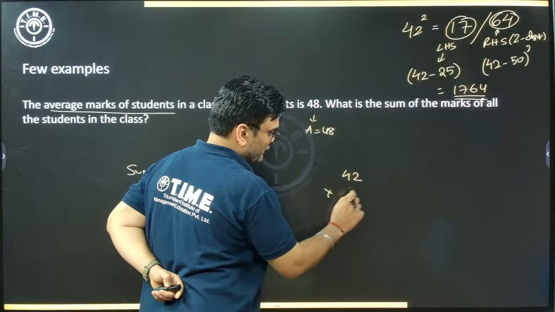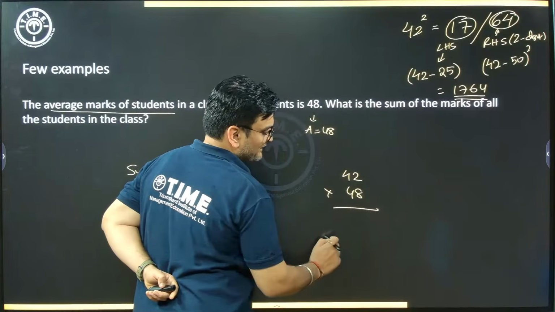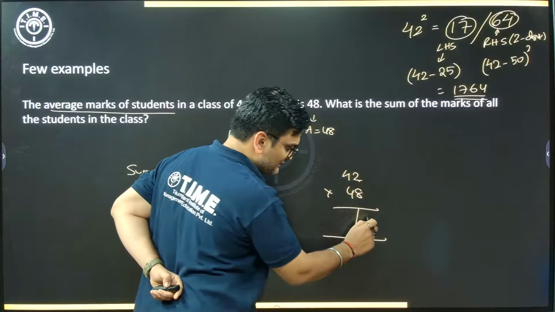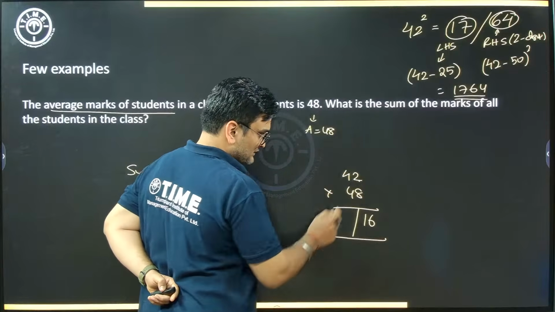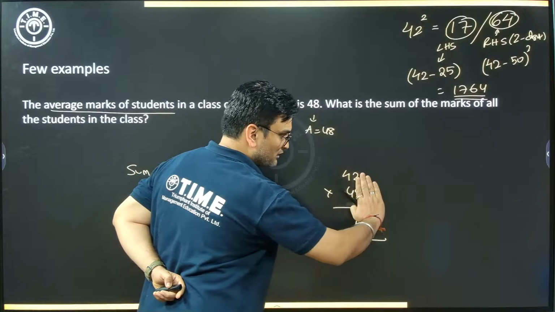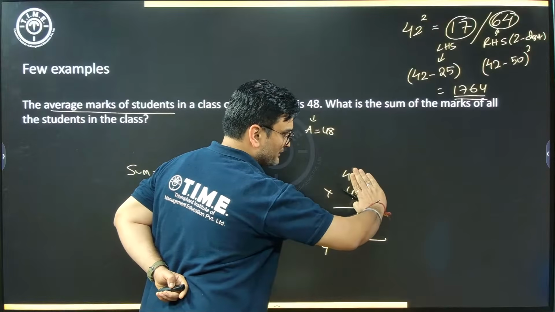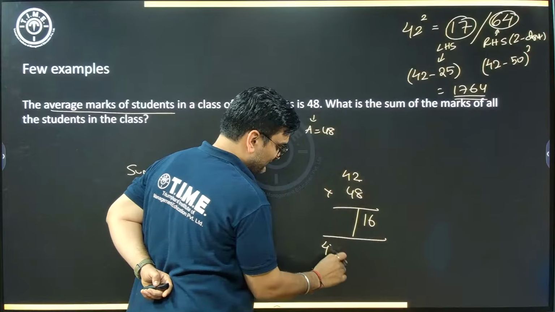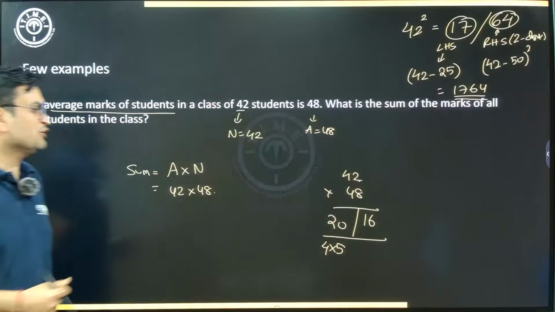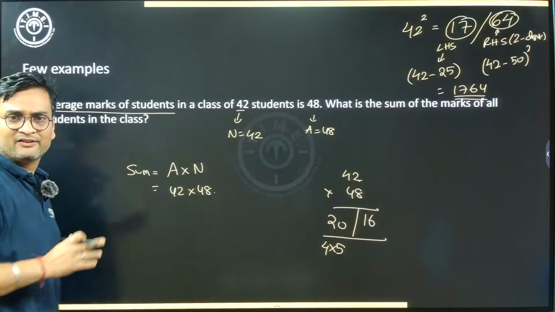How do I get the RHS? RHS will be the simple product of units digits, so 2 into 8 is 16. What about LHS? LHS will be the remaining number 4, and the next number, 4 into 5, which will make it 20. So 2016 is going to be our answer for this question.